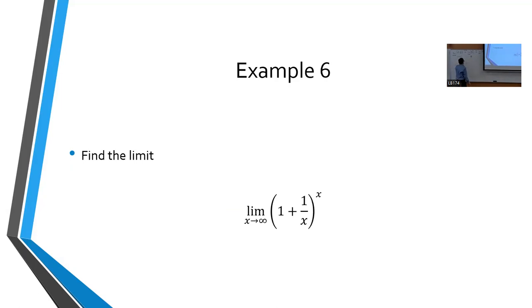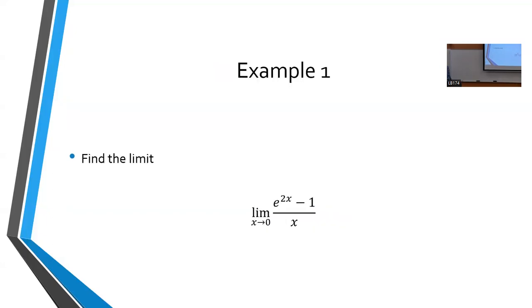So those are the major techniques for L'Hopital's rule, what I just wrote: polynomial over polynomial, or something like this, or something like this.